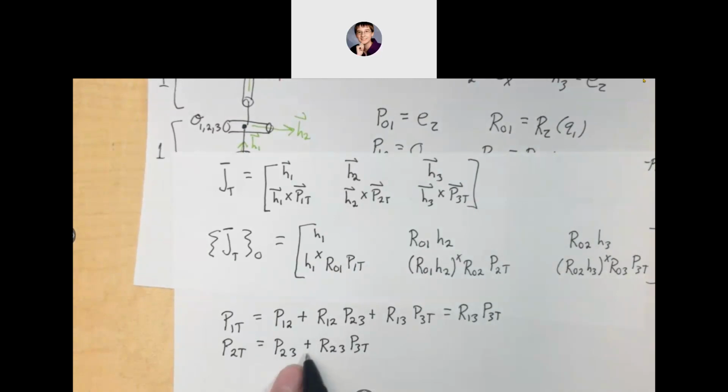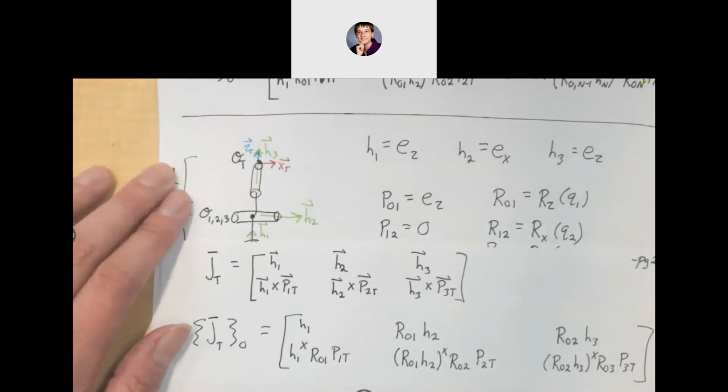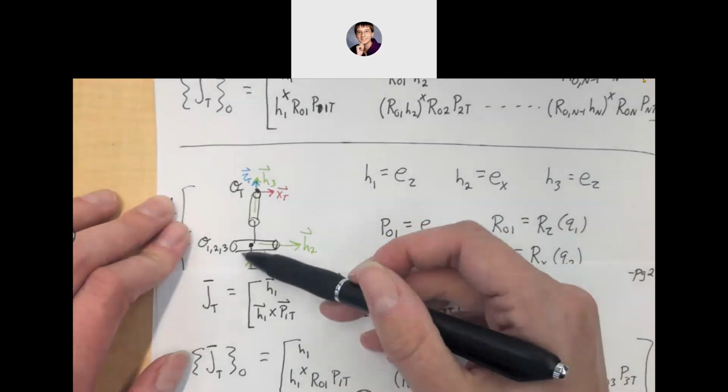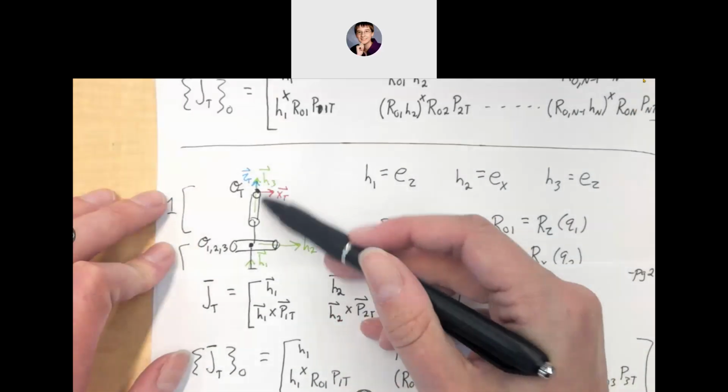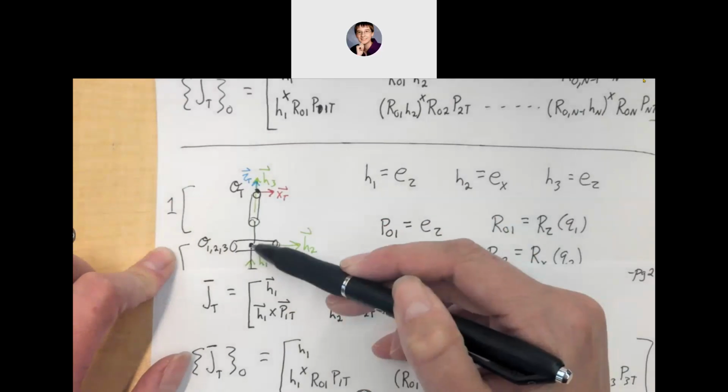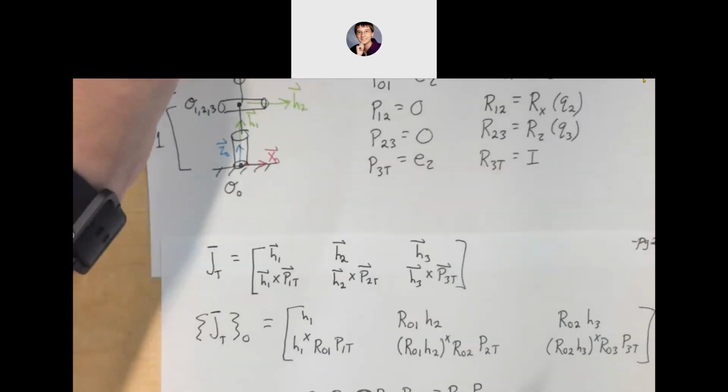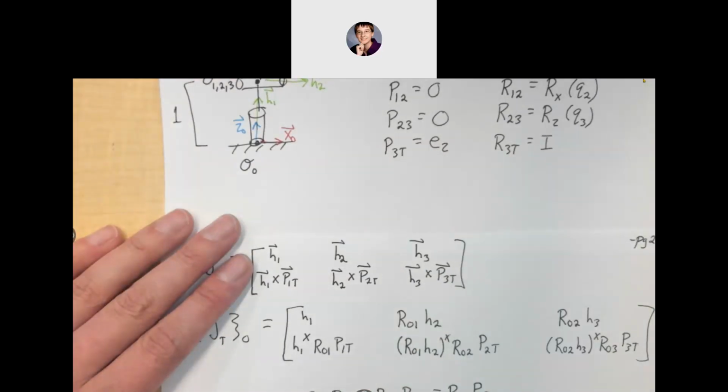So this worked out nice for us again because P23 is just 0. And then P3T, if we look at our figure up here, we're going from 3 to T, so you can see that's a distance of 1 along EZ.